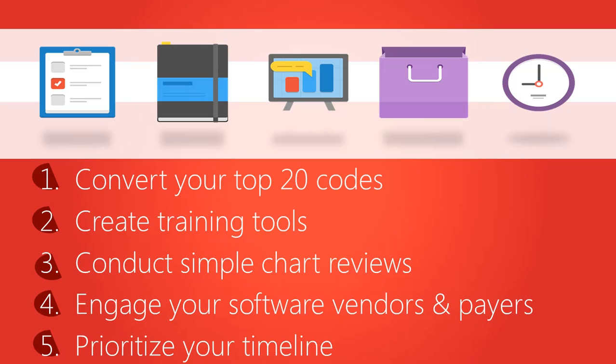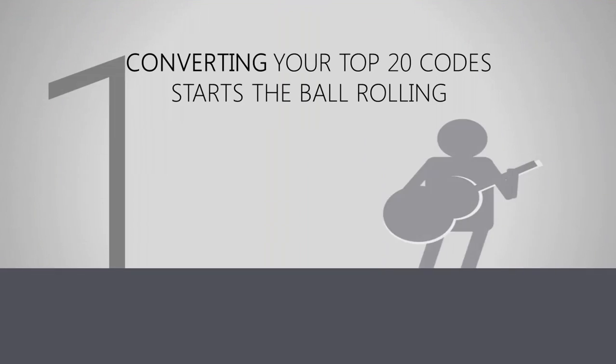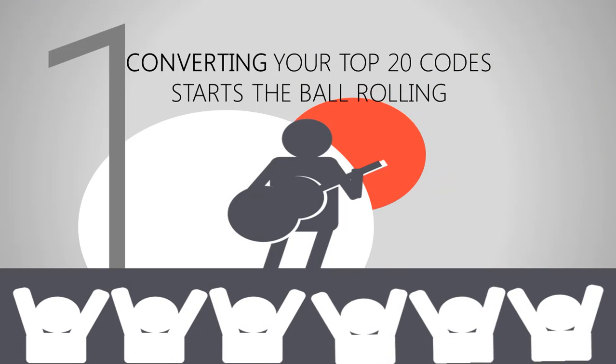Jason, converting your top 20 codes and identifying new documentation elements. Explain why 20 and what's the reasoning behind that? Well, the reason behind converting your top 20 codes is just to give you a good start on the new documentation elements that are going to be required for the most specific ICD-10 code. And we just have you start with 20.